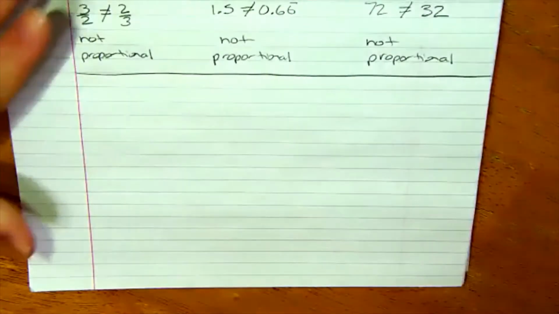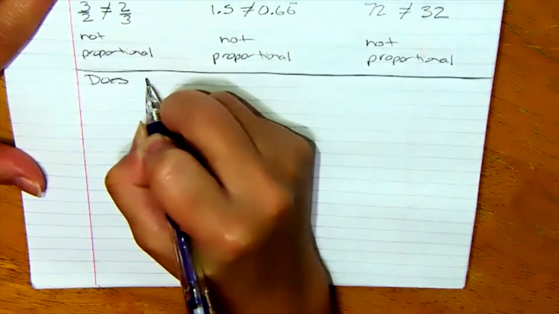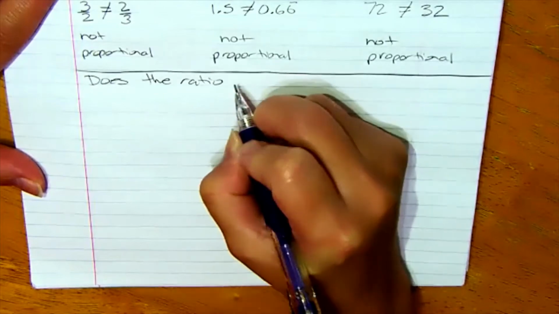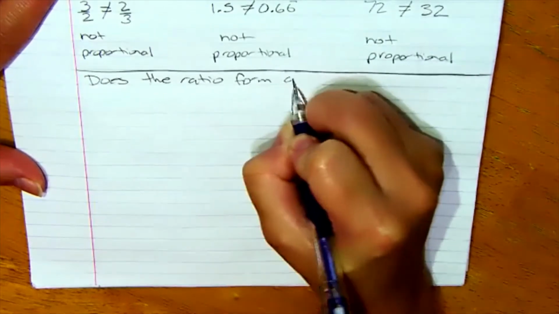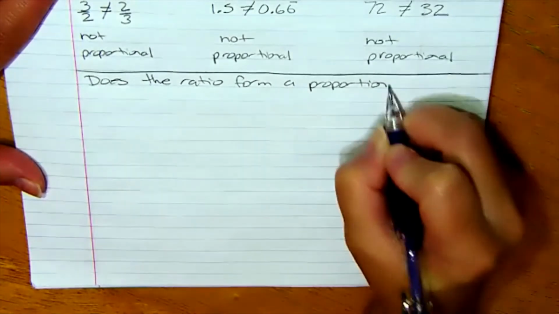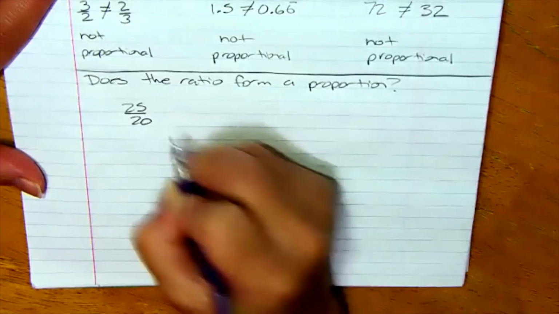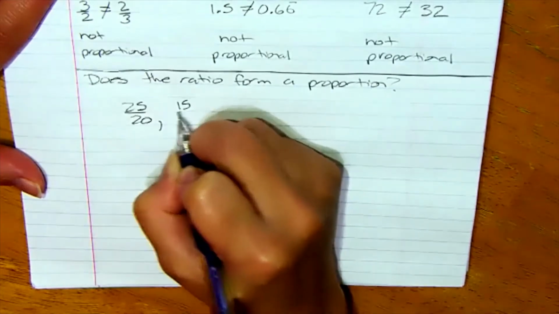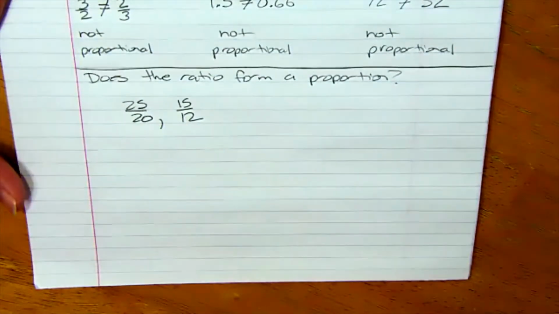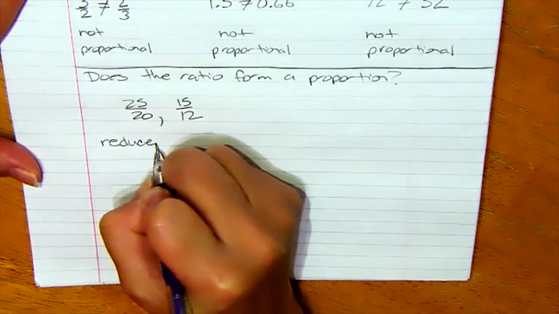So let's do another one. Does the ratio form a proportion? 25/20ths and 15/12ths. Does the ratio form a proportion? Well, let's reduce.